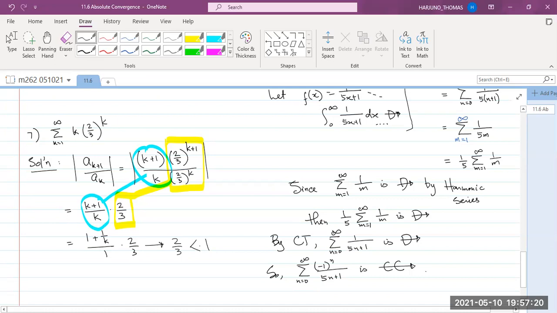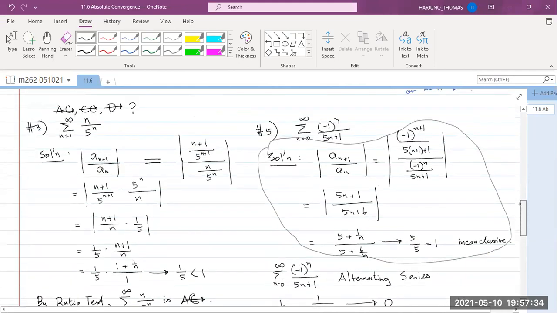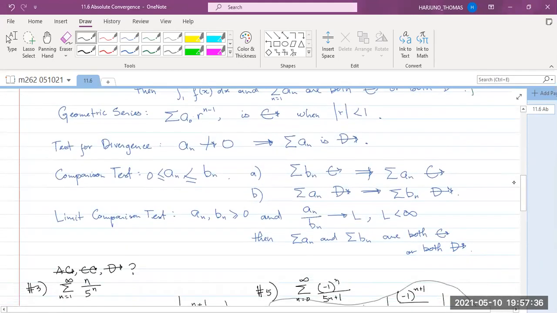Now you may wonder, Thomas, why do you use the ratio test while the terms are all positive? Well, the ratio test actually applies to all terms. It's more general compared to the comparison test, and therefore more general compared to the limit comparison test. The comparison test and limit comparison test require the sequence to be non-negative.